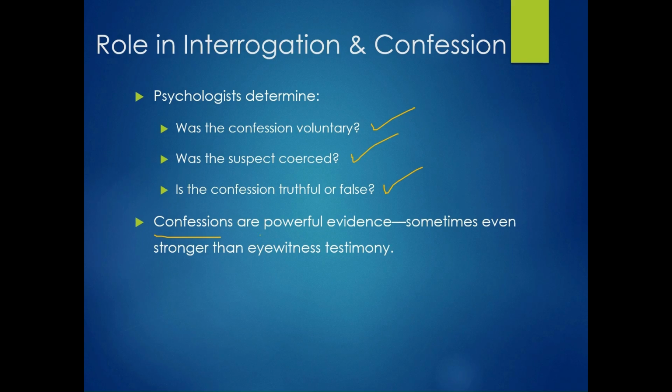These confessions are powerful evidence, sometimes even stronger than eyewitness testimony, right? An eyewitness is saying that I saw someone else do this. Here the person is saying that I have done this. So it has to be checked thoroughly to make sure that it was not forced, or the person was not in the right senses, or the person does not falsely think that they have done a crime when they have not, right? So yeah, all the interrogations should be checked very thoroughly.